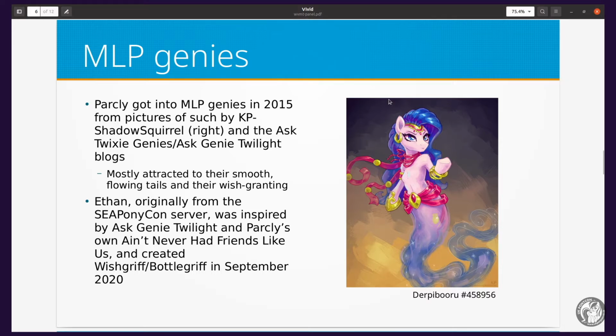I was attracted to their smooth flowing tails and their wish granting properties.